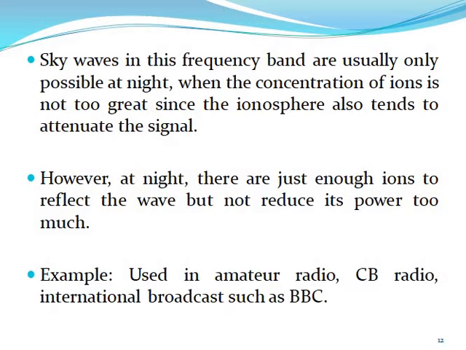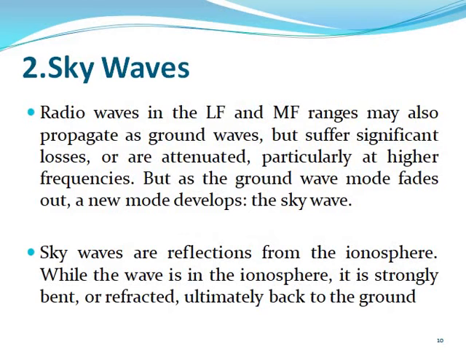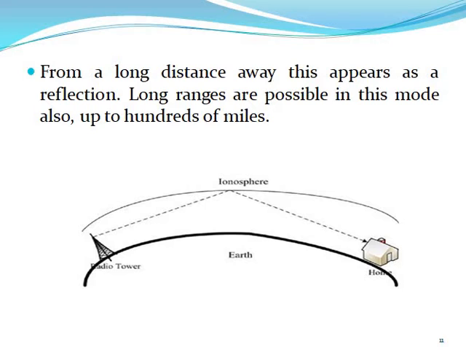So it is mostly used in radio, CB radio, and international broadcasts such as the BBC. So this is the use of the ionosphere and of the sky wave. We can show reflection from one point to another, so the signal is transmitted over long range.